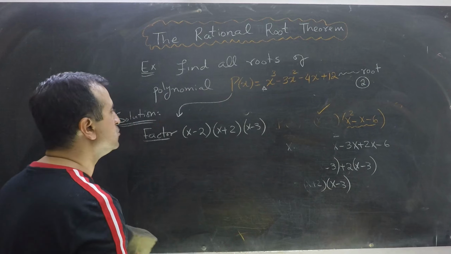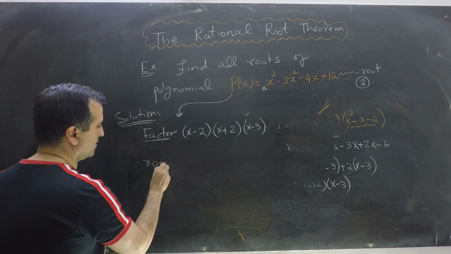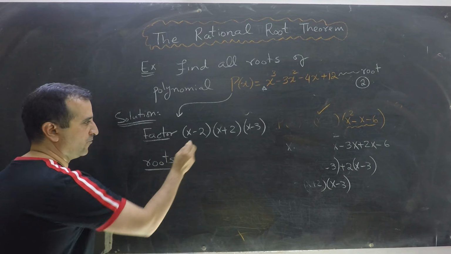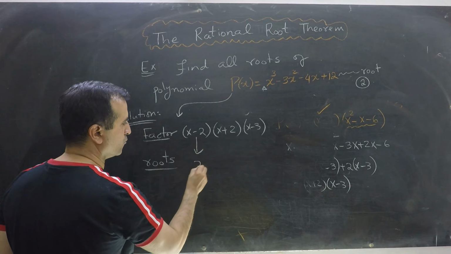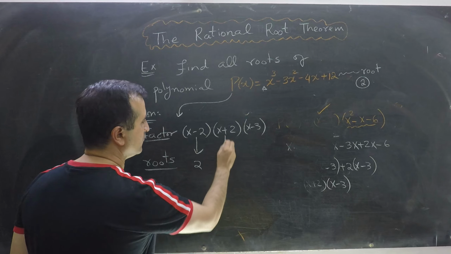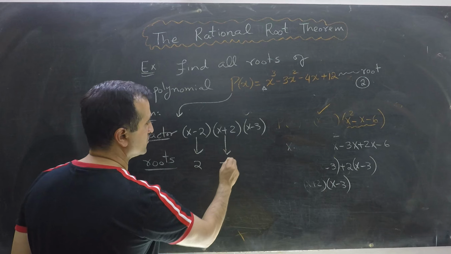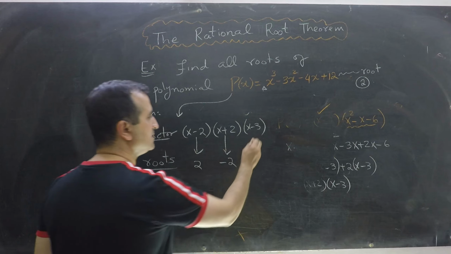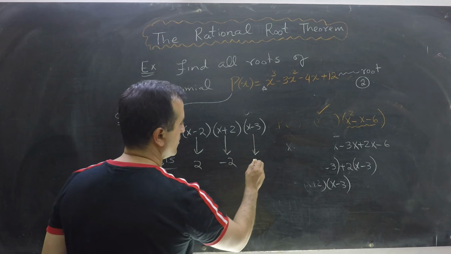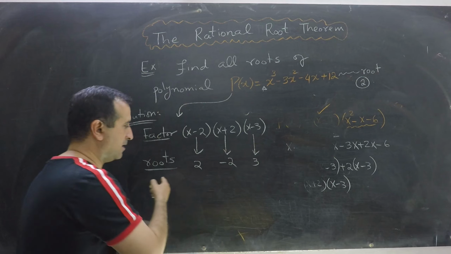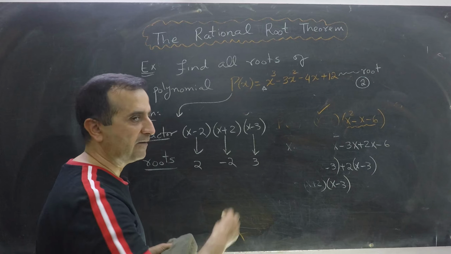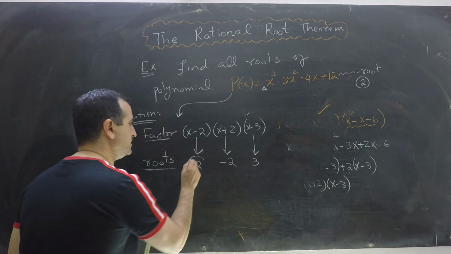Its 3 roots are, from this we get a root of 2, from this we get a root of -2, and from this we get a root of plus 3. And I have found these roots using the factor theorem. So it has these 3 roots.